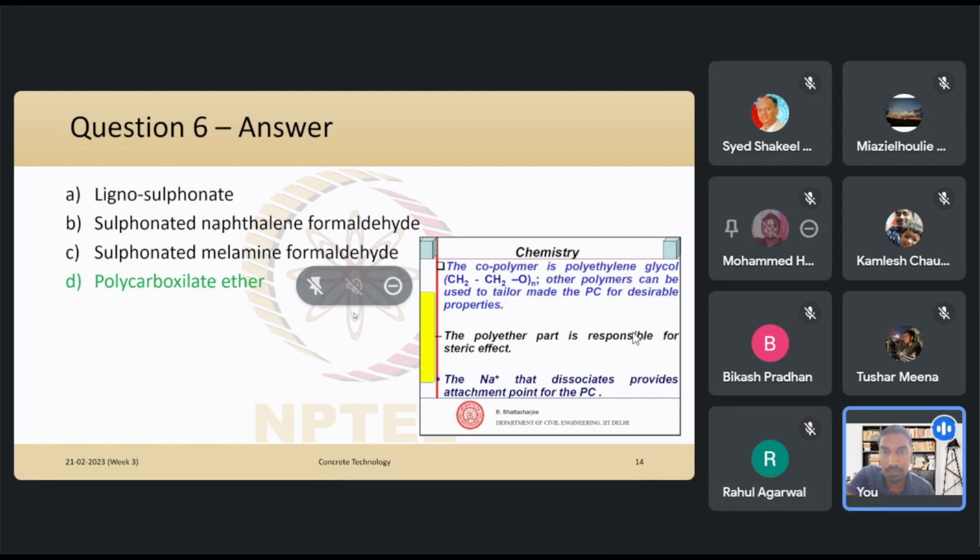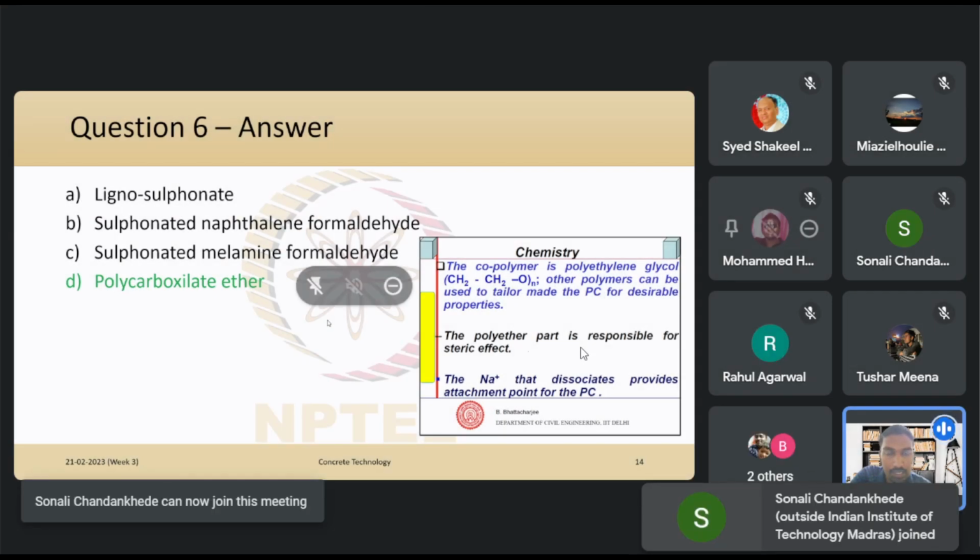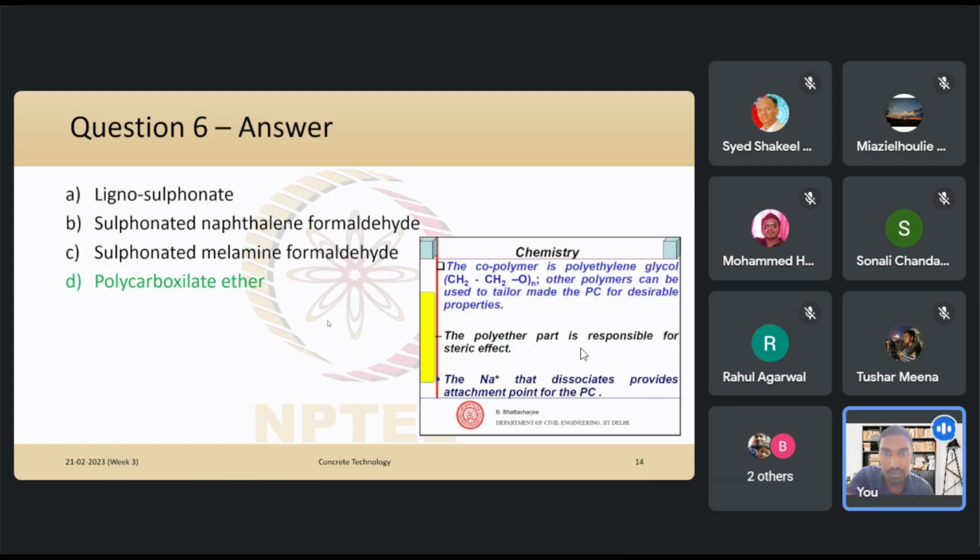This also gets adsorbed on the surface of the particles, but it does not impart any negative charge as the sulfonated type does. Instead, because of the larger polyether part that is adsorbed, the effective size of the cement particles is increased, and this increased size will push the cement particles which were together before away from each other.